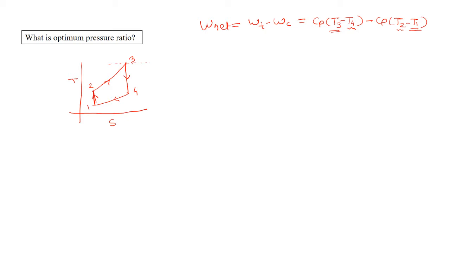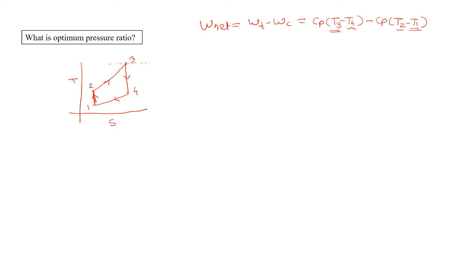for given T1 and given T3, and hence we can differentiate this expression, since W net can change for given T3 and given T1 if we change the pressure ratio. So the pressure ratio remains the only variable if T1, T3 and gamma are constants, and then we will get one specific pressure ratio at which W net becomes maximum.